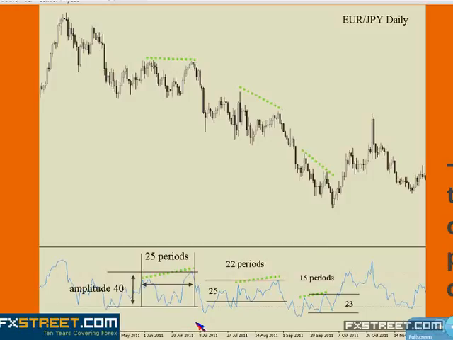Just plot an oscillator, an RSI, MACD on a very short time frame, and you will see that during the development of a trend, you will have the same types of setups.